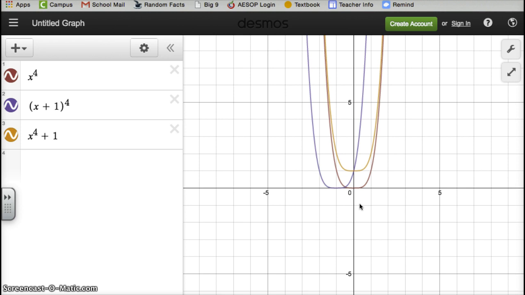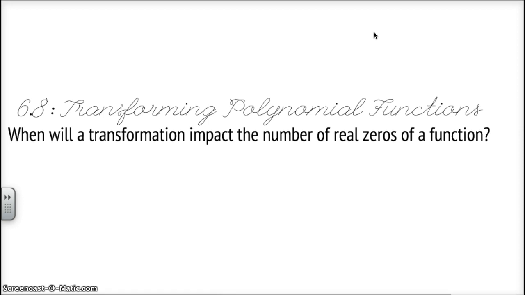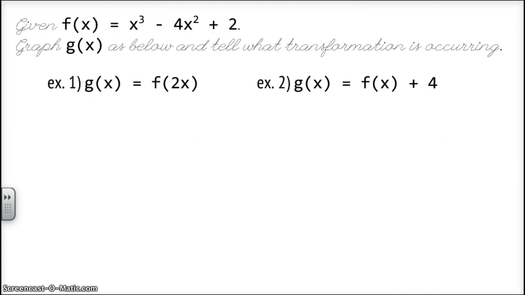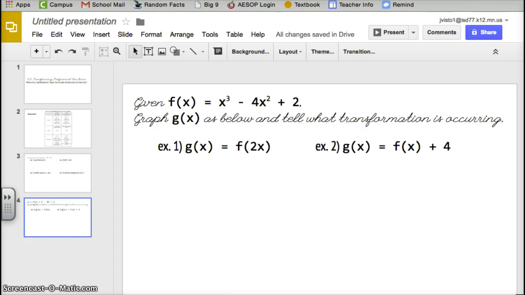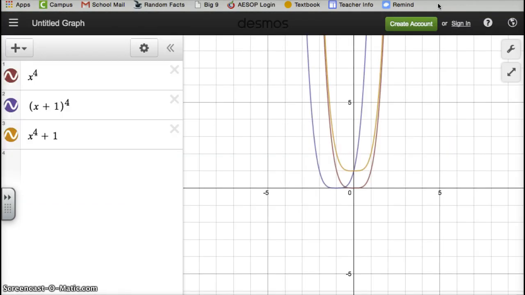Interesting. Okay. At the beginning, I had asked you this question. When will a transformation impact the number of real zeros? And then we looked at some examples. And now I'm showing you a case where it does. I want you to be thinking about that. I just told you this right here represented moving left 1.